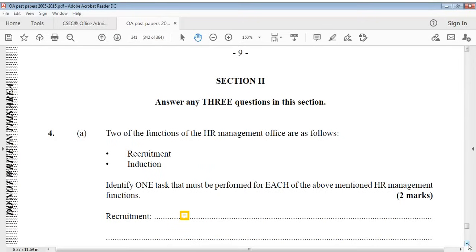to question number 4A. And this section says, answer any 3 questions in this section. 4A says, 2 of the functions of the HR Management Office are as follows: recruitment and induction.